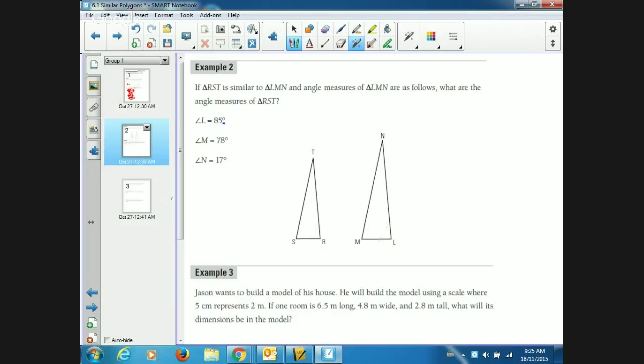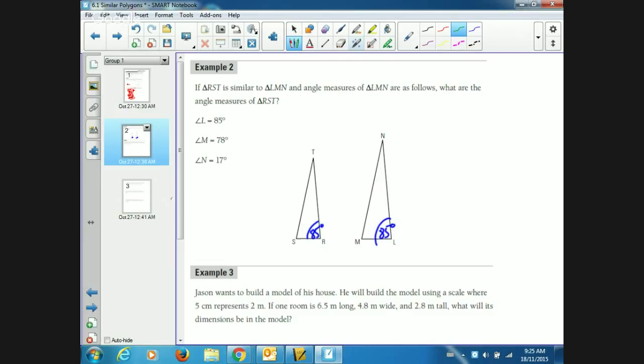Angle M, 78. Doesn't it look like that would be 78? So I'm going to label these right on here, and then it makes it way easier to do this. Angle L is 85 degrees. So angle R would also be 85 degrees.